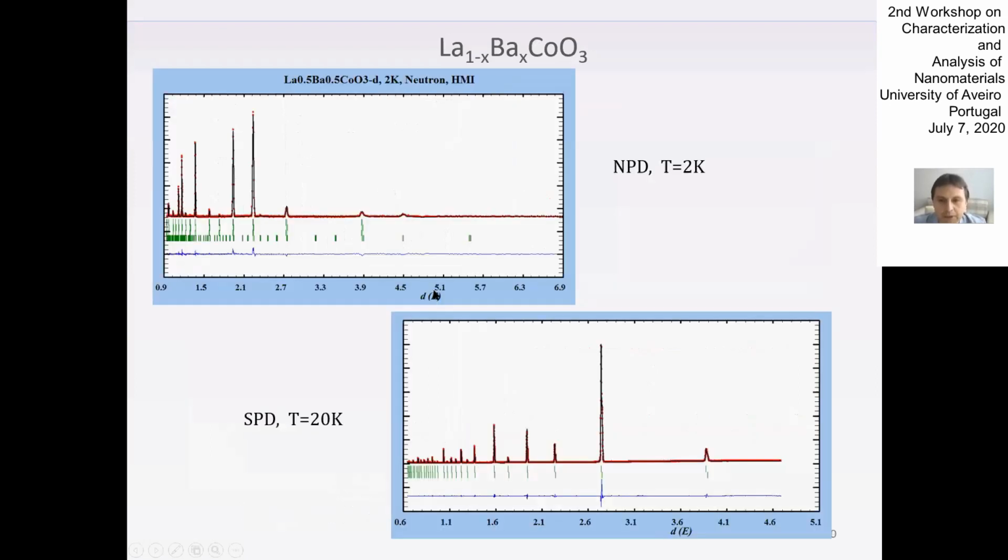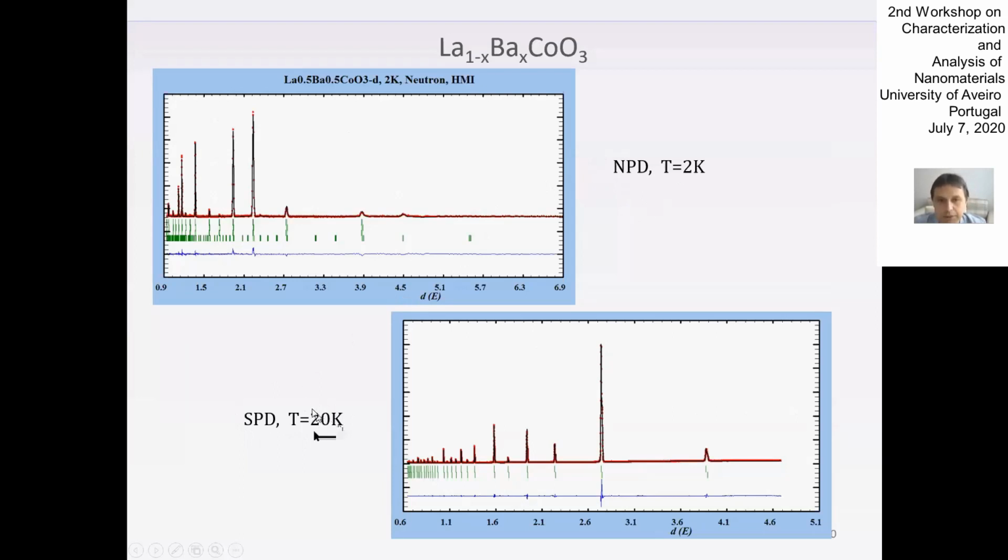Okay, I have reconstructed these patterns in d space, d distance in angstroms. This is the spectrum obtained by neutron diffraction at 2K, and this is from synchrotron diffraction at low temperature. It's not really a big difference in terms of crystal structure.